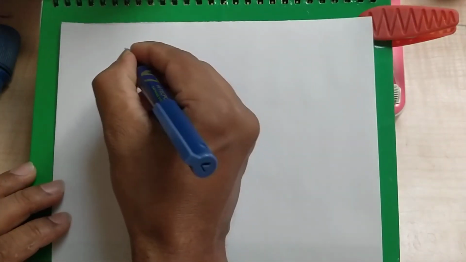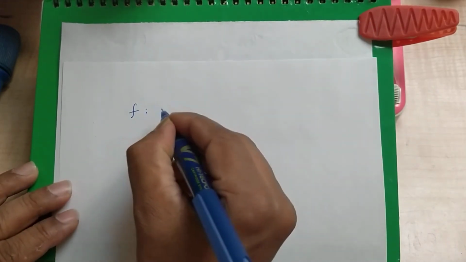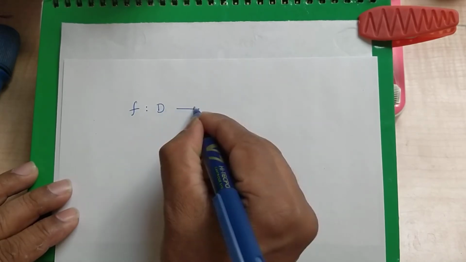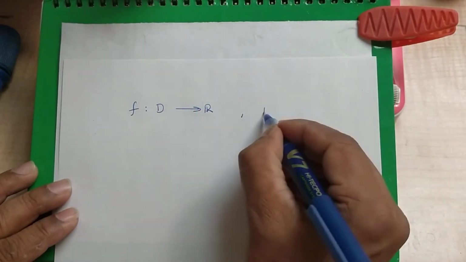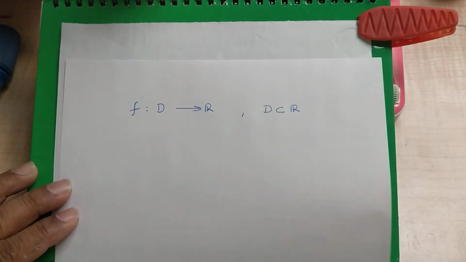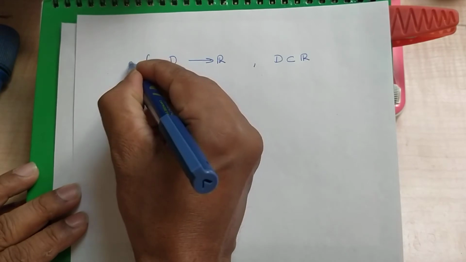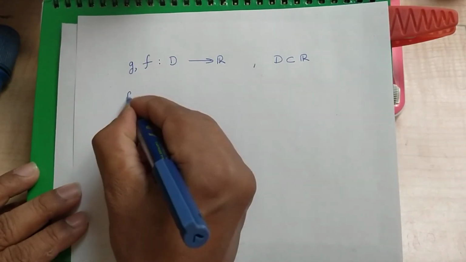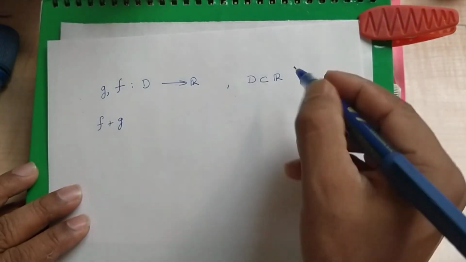If f is a function from a domain D to R, where R is the set of real numbers and D is a subset of R, and suppose g is another such function, and let us also assume that these two functions are differentiable.